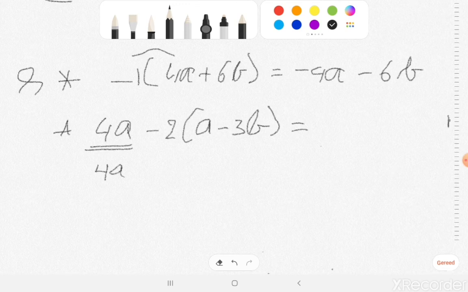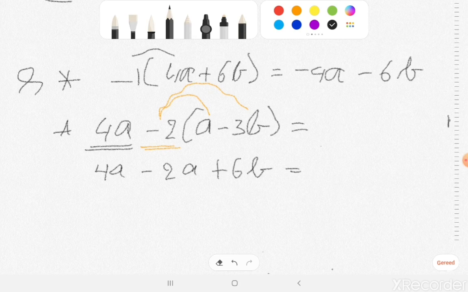Because we are only multiplying out the bracket with the expression in front of the bracket, so with the minus 2. So minus 2 multiplying with a, that's the first thing, that's minus 2a. And the next one is minus 2 times negative 3b, and that's a positive 6b.